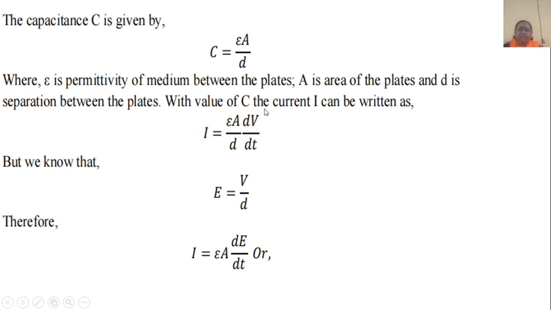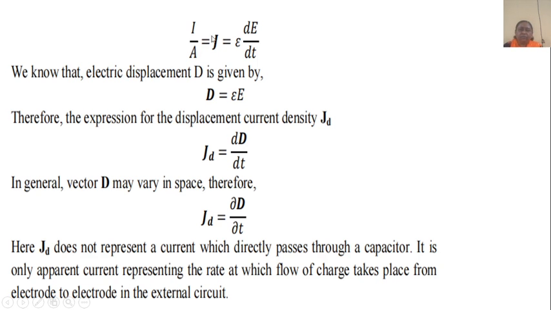With value of C, the current I can be written as I equal to epsilon A upon d into dV by dt. But we know that E equal to V upon d, and therefore putting this value, I equal to epsilon A into dE by dt, or I upon A equal to J equal to epsilon dE by dt.